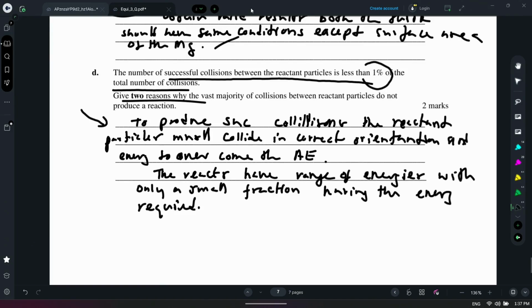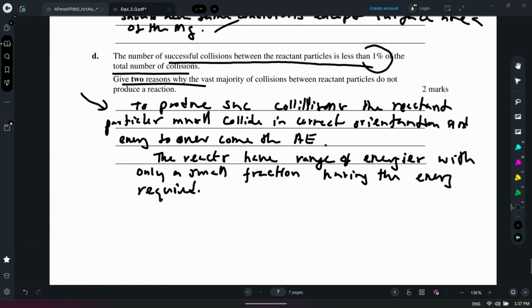The graph goes like that, showing that not all particles have the same amount of energy, even though they are at the same temperature. That is what we are trying to say, having the energy required. That should be the answer. If you write the answer like that, I think you are going to get both marks here.